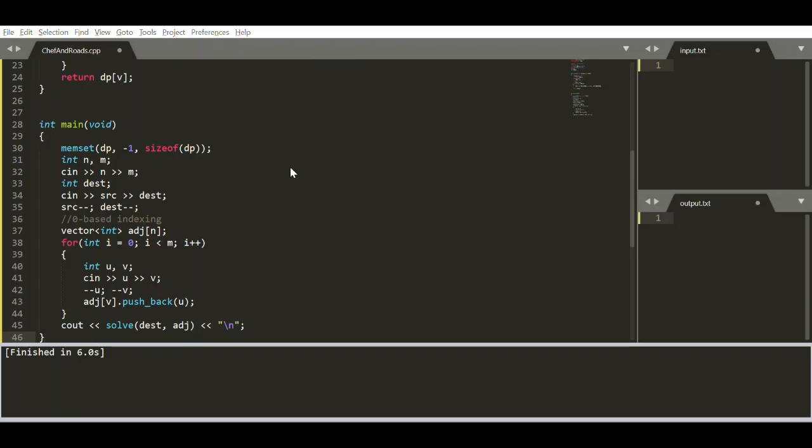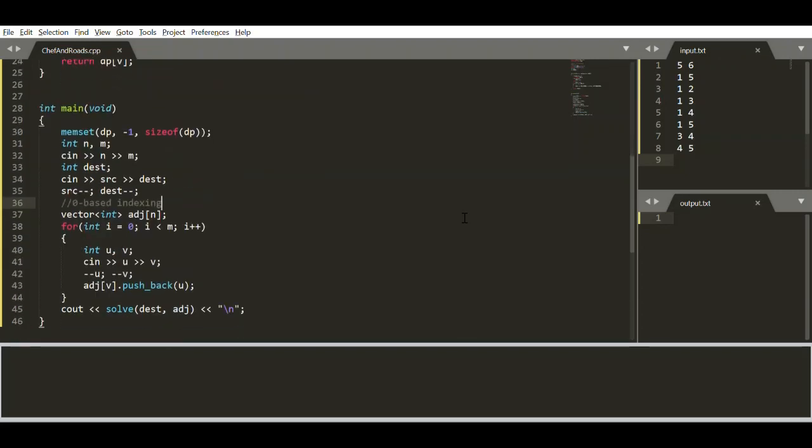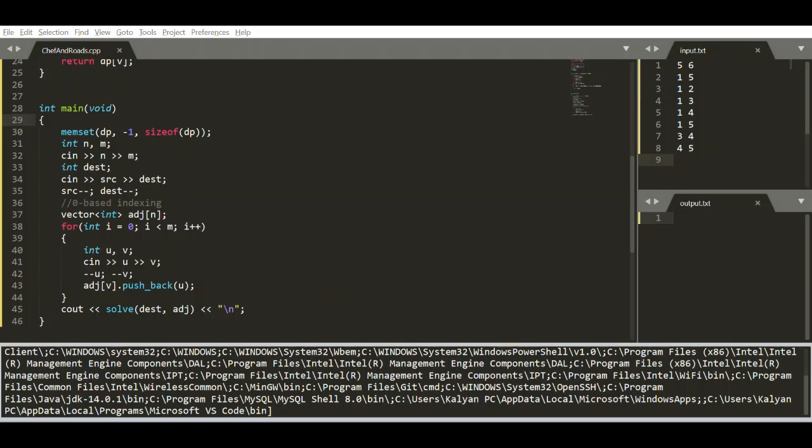So let's test this. Taking time. Oh, my bad. I've given file input without defining. Let me end the process. Yeah.